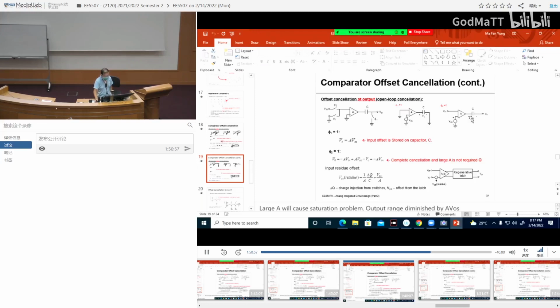So this output will be whatever is the input minus the offset, and then I subtract out the offset. So the good thing about this scheme is that you will cancel out the offset, and you don't need a very high gain.